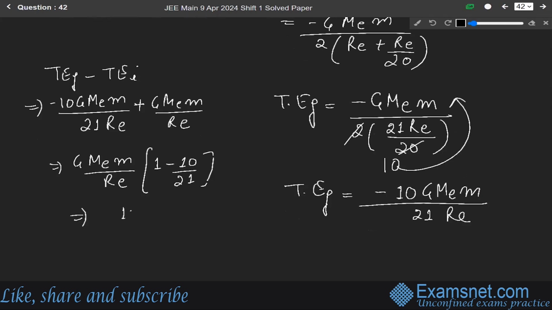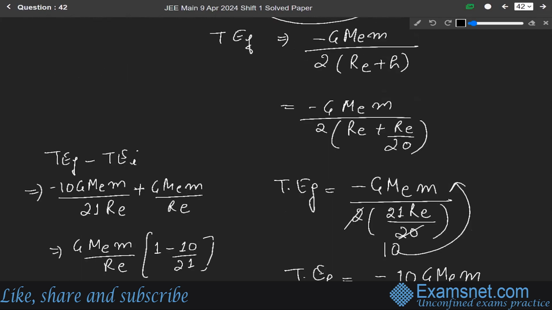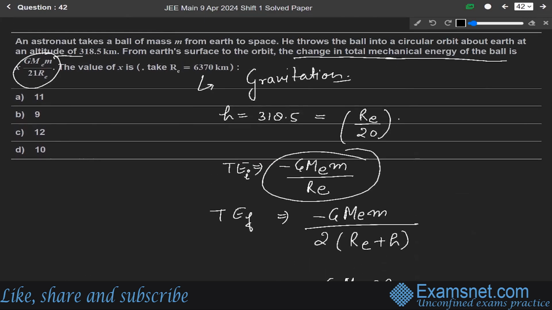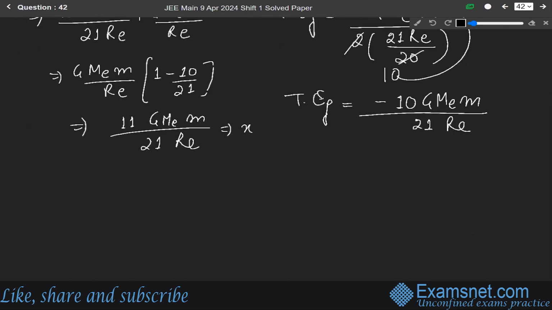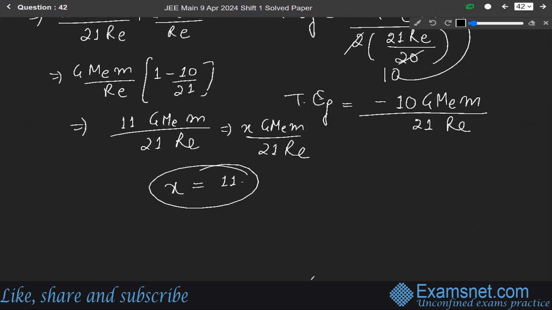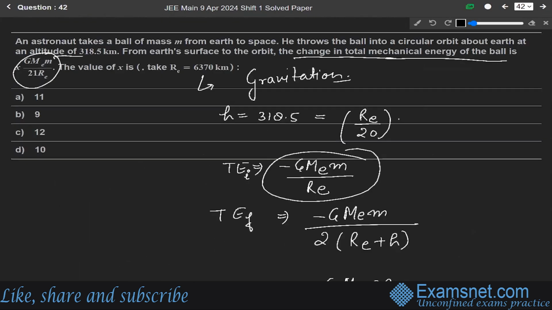So it will become 11 G M_E m over 21 R_E. Comparing it with that given in the question, x G M_E m over 21 R_E, the value of x is 11. So among the four options, option A, that is 11, is the correct answer.